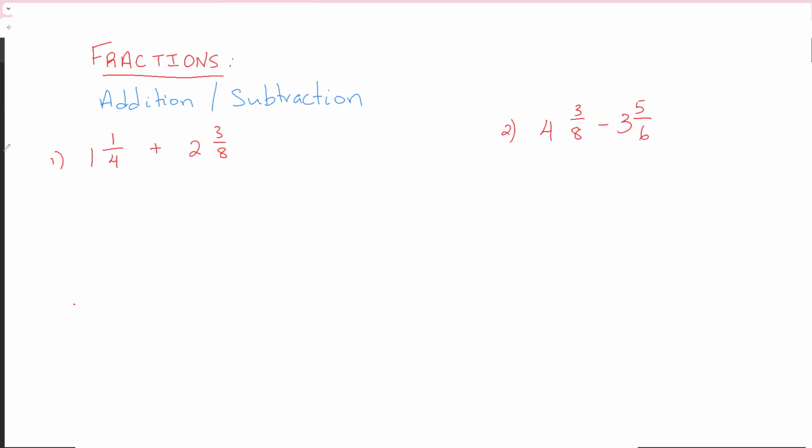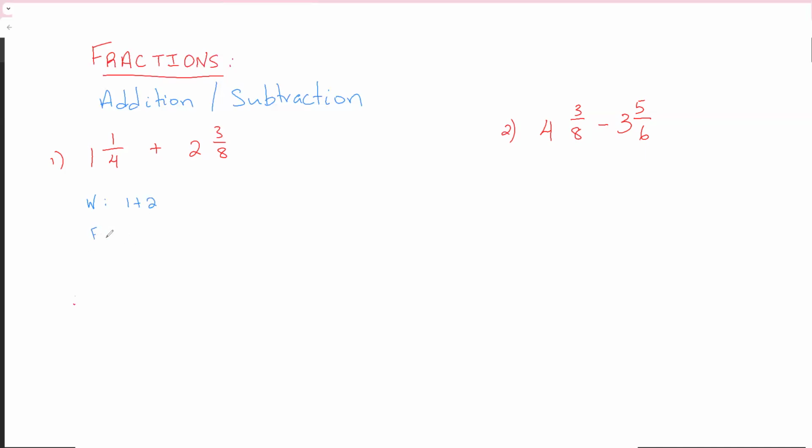Now, when we are working these, you are going to break up your values into whole numbers and fractions. So remember, the whole numbers are the digits in front of the fraction. So you have 1 and 2. So take out your whole numbers, we can add those.